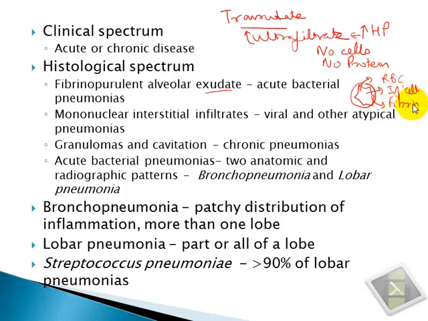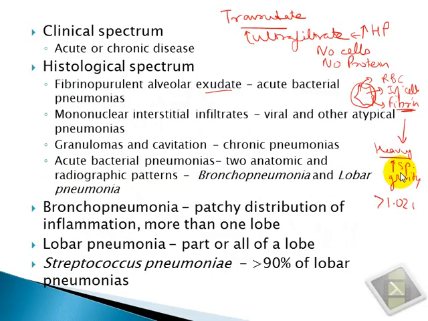Protein will come out, and if protein comes out, it will make it heavy. So when that particular fluid inside the alveolus becomes heavy, it means there is increased specific gravity, which will be more than 1.020.